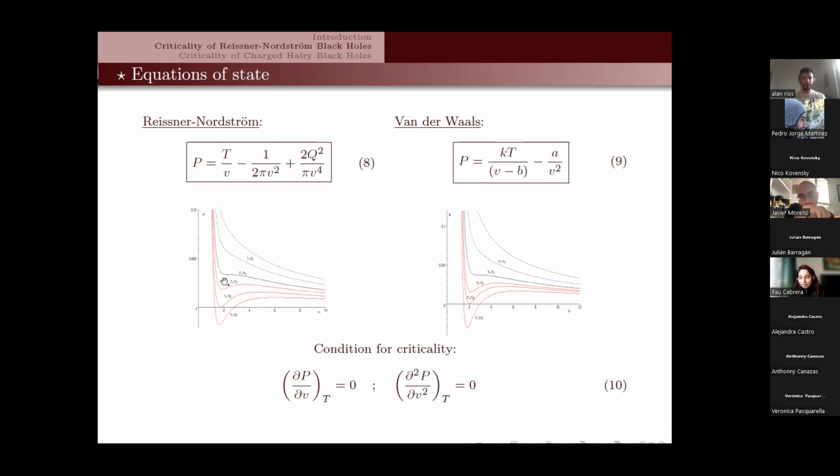Because for a constant P, there will be many possible values of the volume representing different phases of the system.